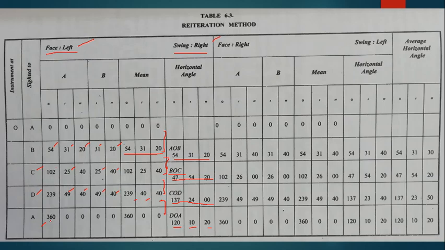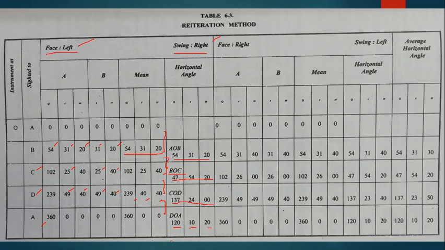What we have to do is distribute that 1 degree equally to all these readings irrespective of their magnitude. That is the procedure. Let us say the first angle is only 54 but the last angle is 120, still we distribute the error equally onto all angles. And you must be cautious if the error is very large, let us say about 10 degrees or 20 degrees.